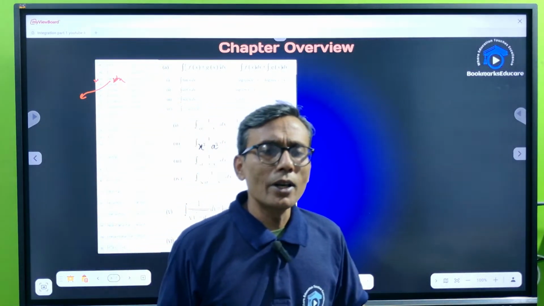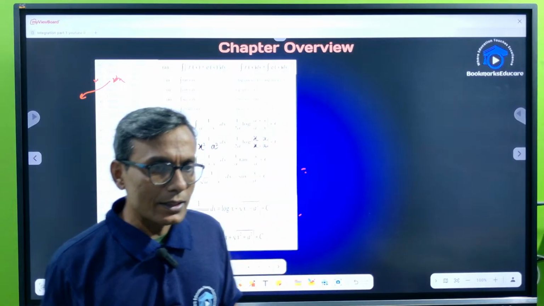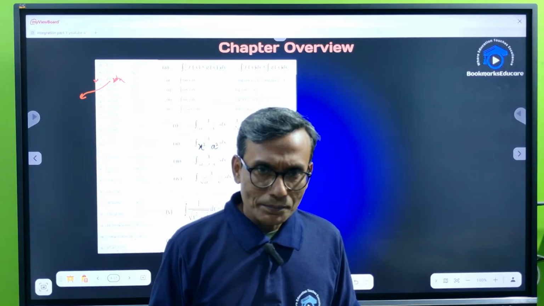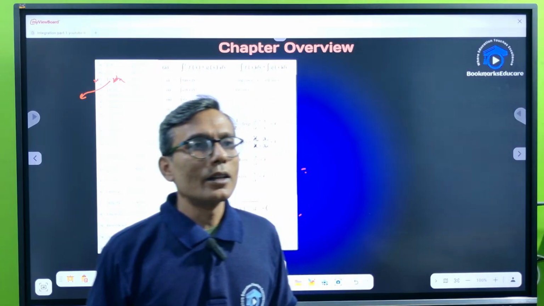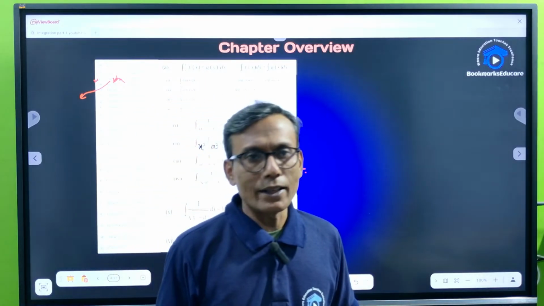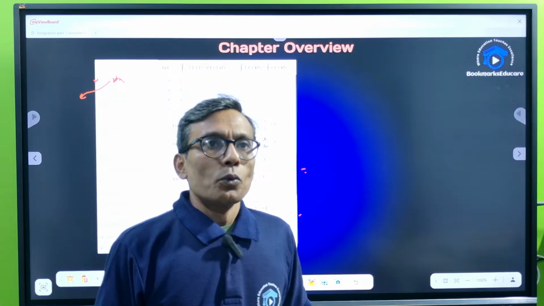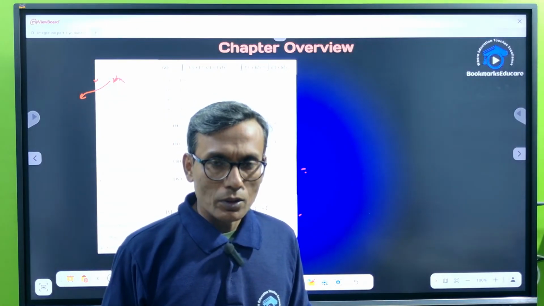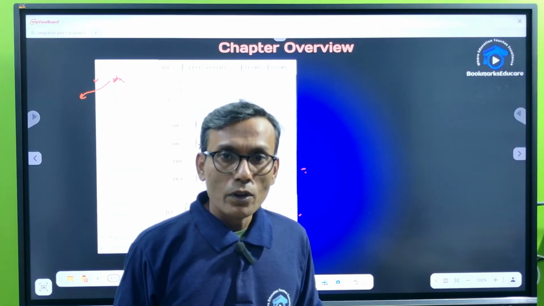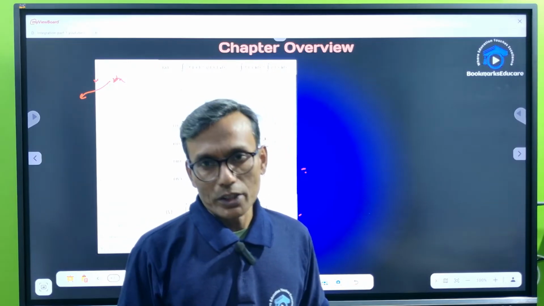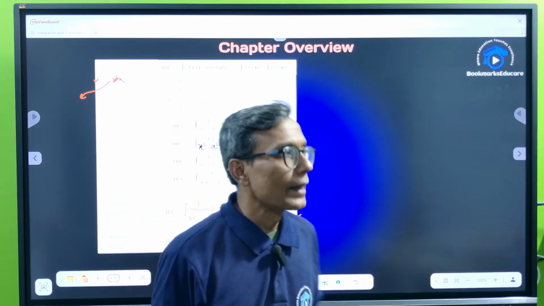And what is the method of integration by parts? It is also a fundamental technique in calculus and is used to find the integral of the product of two functions.